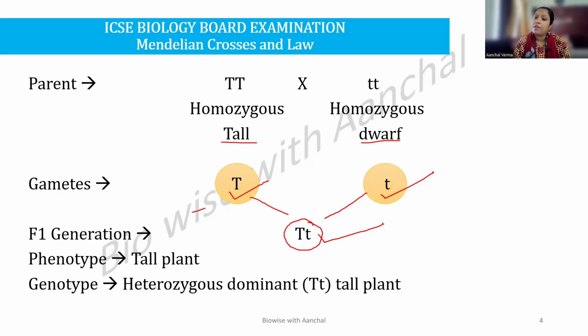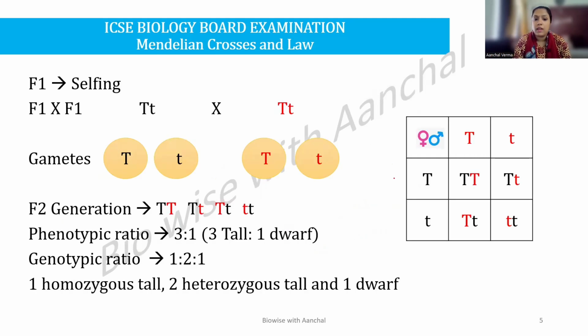Now when this F1 is selfed, that is when selfing of F1 is done, two F1 plants are taken. And there you can see there are two alleles. So there are two types of gametes which are formed, right? And here also two types of gametes, similar gametes, will be formed. So when they are crossed, this is the Punnett square.